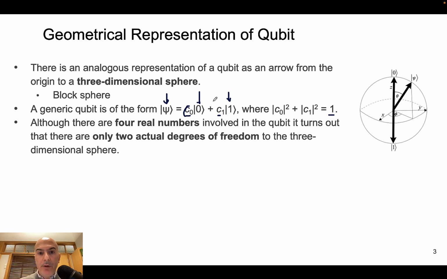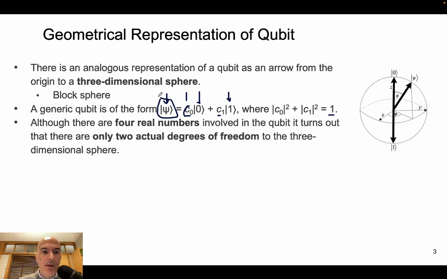If you think about it, we need two complex numbers, each with a real and an imaginary part. So to represent our state psi, it looks like we need four real numbers: the real and imaginary parts of two complex numbers.